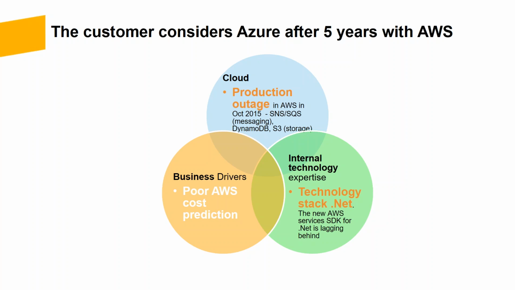As you see, we have a cloud bucket, so it's mainly cloud capabilities or issues that you have in the specific cloud. In this instance, they were having production outages on Amazon last year, the famous outages in October, multiple times, and it struck really heavily used services: messaging, storage, as well as NoSQL.